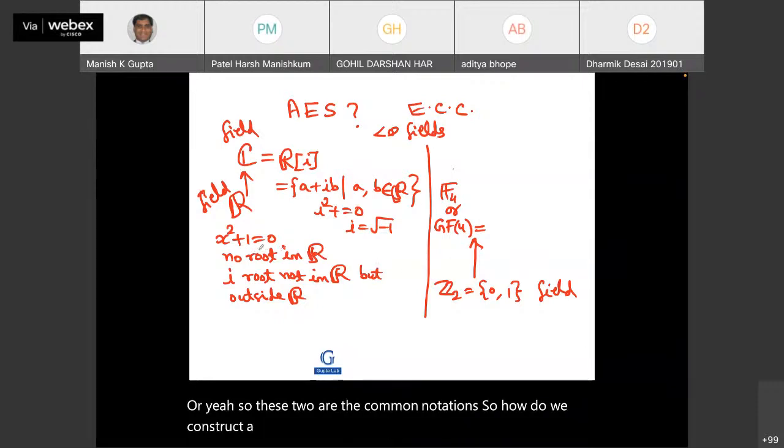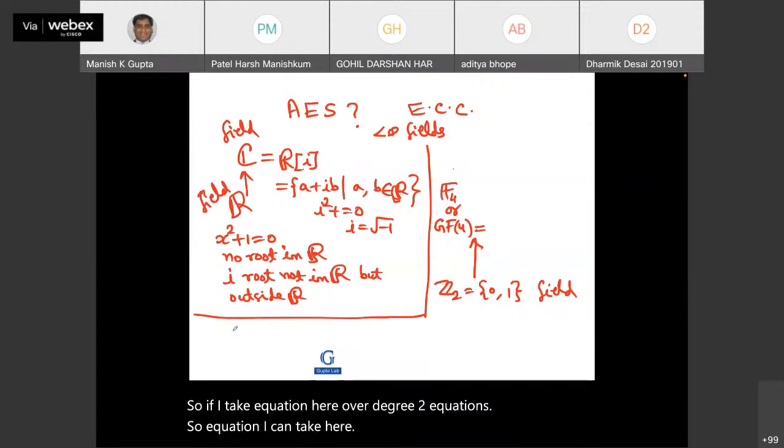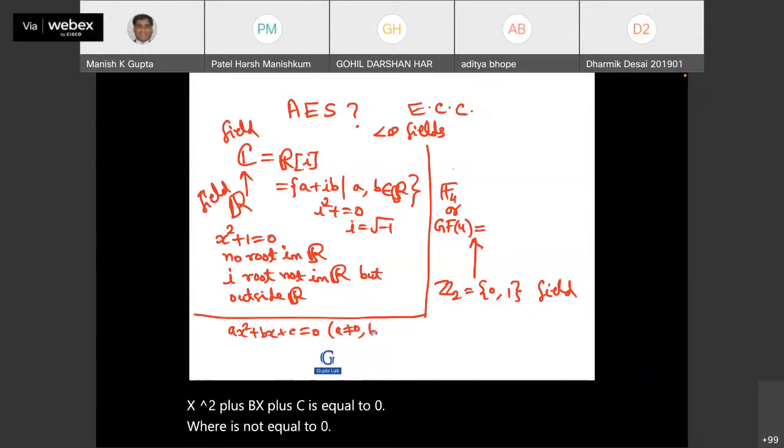So just like that, here we have taken an equation. If I take degree 2 equations here, the equation I can take is ax squared plus bx plus c is equal to 0, where a is not equal to 0 and a, b, c belong to Z2, integers modulo 2.